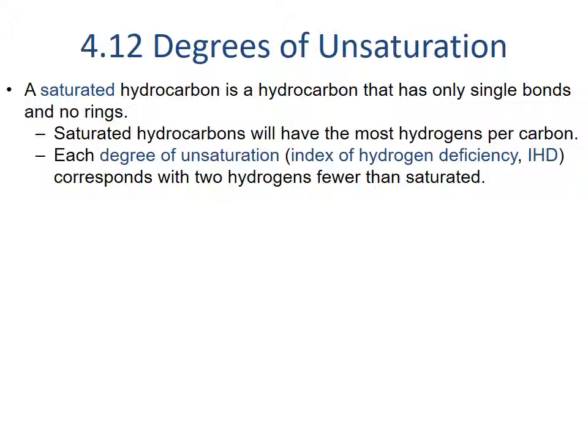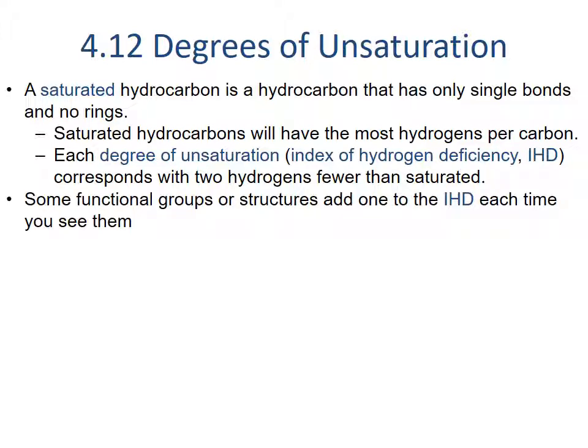We take 10 minus 8 and divide that by 2, indicating a degree of unsaturation, or 1 index of hydrogen deficiency. This is a pain to calculate in a lot of cases because things besides carbon and hydrogen often have a special accounting system. We'll go over these later, but many times it's easier to look for groups that change the index of hydrogen deficiency whenever they appear.